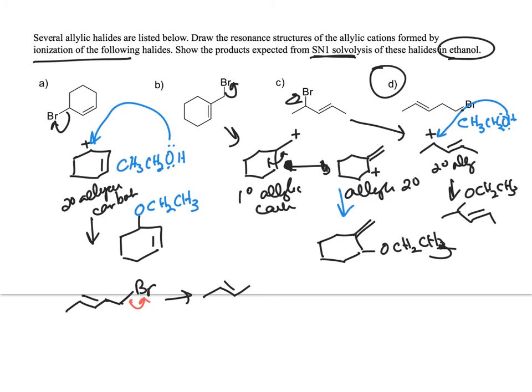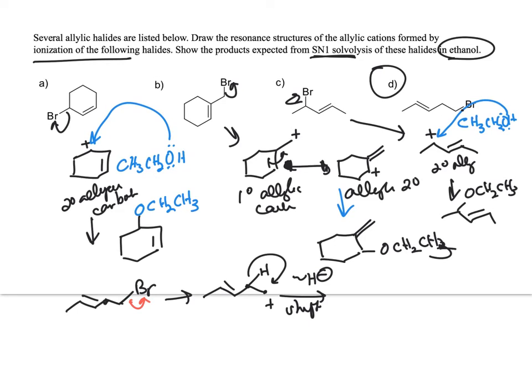and this is so going to happen fast, this hydride shift, because it's a primary, and you can make a stable allylic carbocation, so this is a hydride shift.